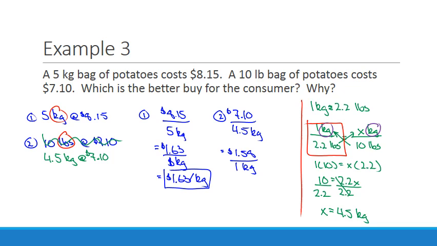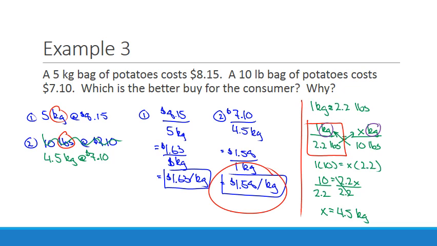I'm going $7.10 divided by 4.5. And then I can write that as $1.58 per kilogram. And then we just check to see which is the cheaper. Well, it says which is a better buy, so the assumption I'm making is that it's the cheaper buy. So that would be this right here, $1.58 per kilogram. So there's a use of unit rates.